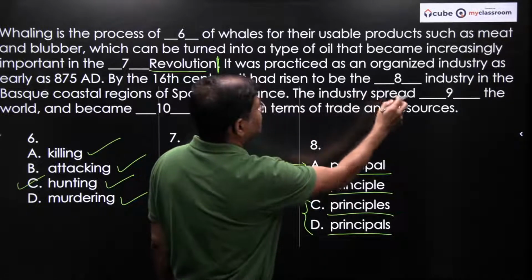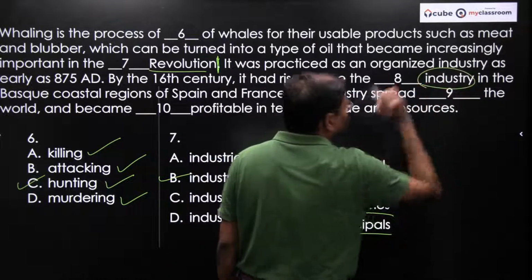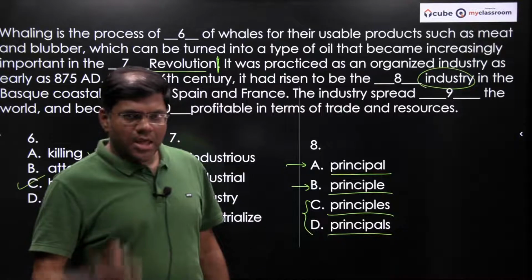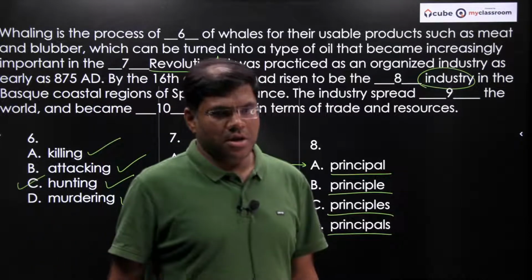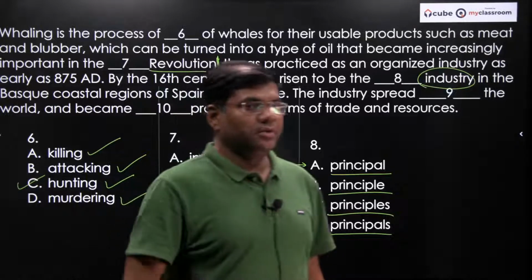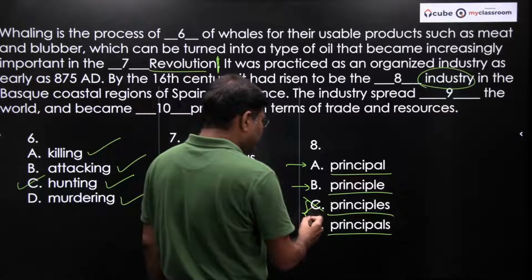So now the point is, industry is a noun. And therefore, the word that comes before a noun is an adjective. And adjectives are never plural. They are always singular. So the principles and the principles will go out.